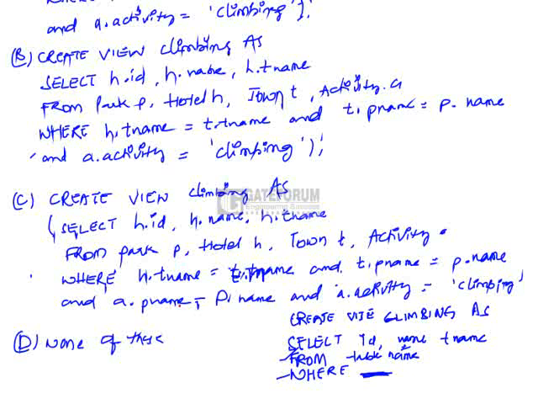Here also, as pname is a foreign key into table park, A dot pname must be equal to P dot name, and A dot activity should be climbing. So here the correct option is option C.